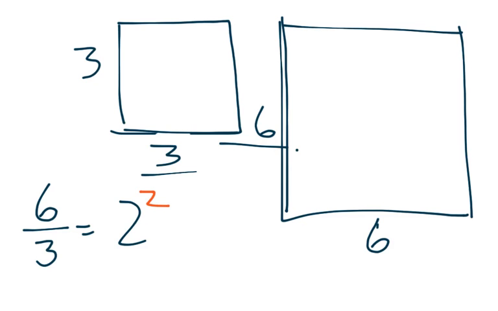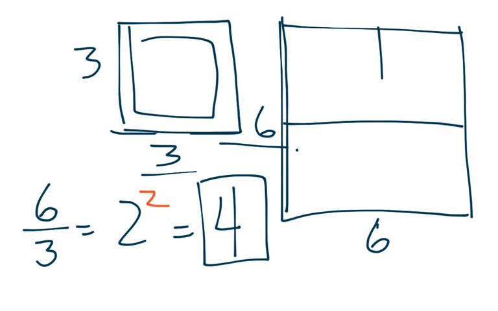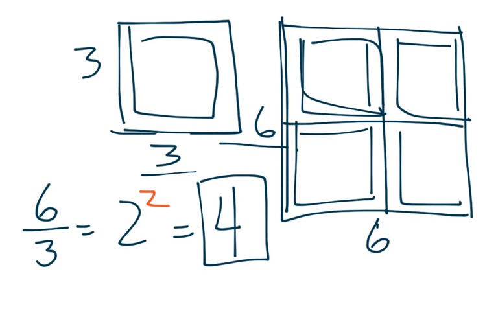So we have 2 squared, and the area increased by a factor of 4. That means there are 4 of the little squares inside of this new square. So that is the answer for number 3. It's 4.